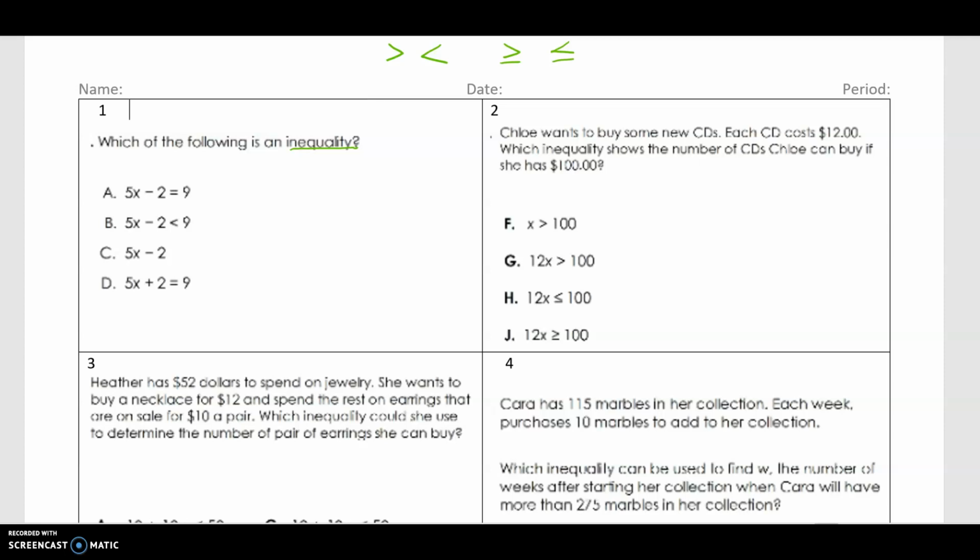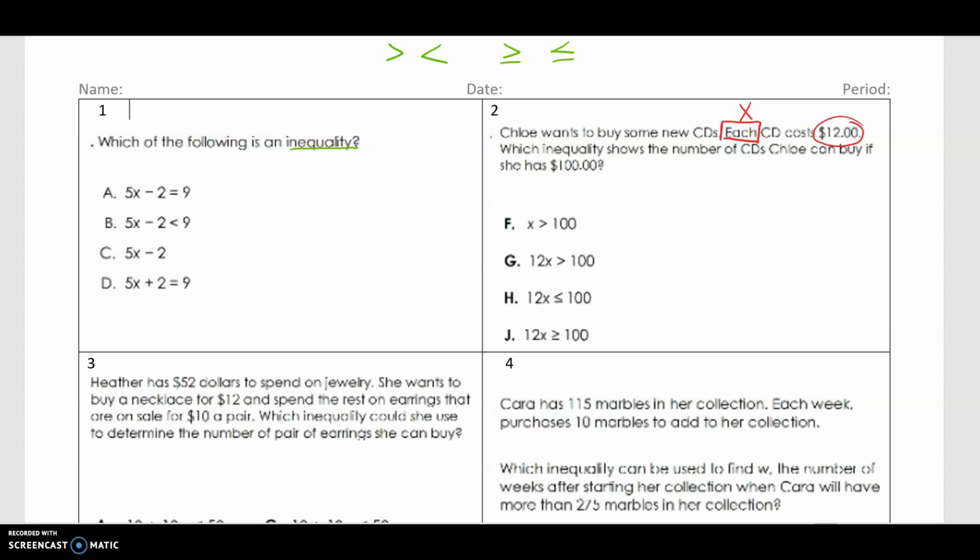So one of our keywords that we've used a lot is this word each, okay? And each means to multiply. Some other words that mean to multiply are every, per, and of. So it's saying each CD costs $12.